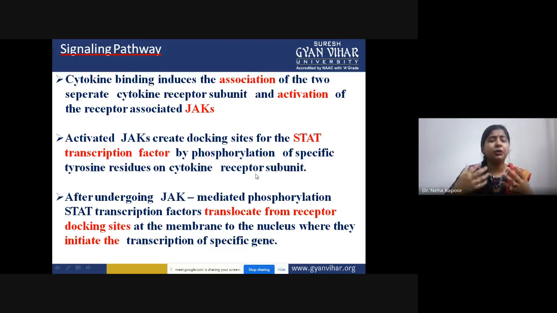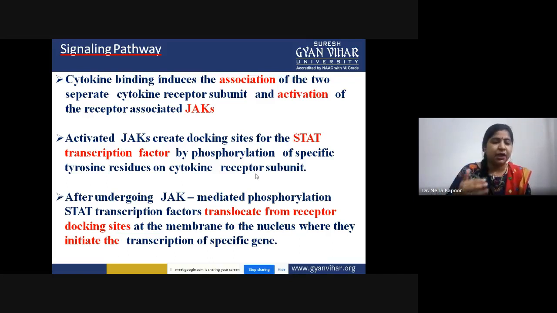Now the point is how the signaling pathway gets activated. Whenever a particular cytokine binds with the receptor, it induces the association of two separate cytokine receptor subunits, and this leads to the activation of the receptor-associated JAK. Once activated, JAK creates a docking site for the transcription factor known as STAT by phosphorylation at specific tyrosine residues on this receptor subunit.